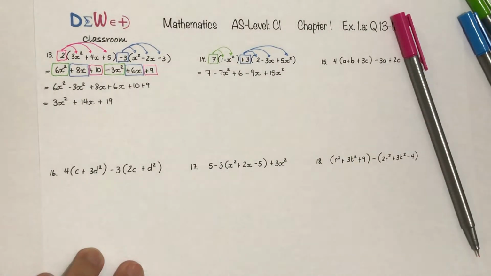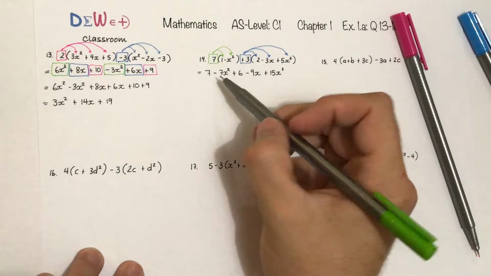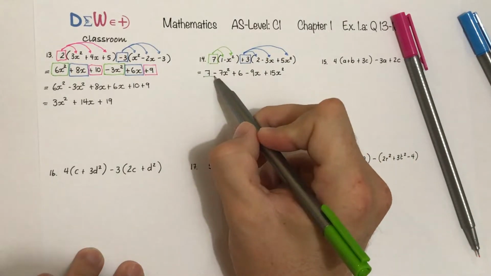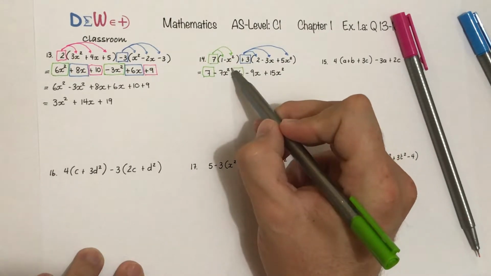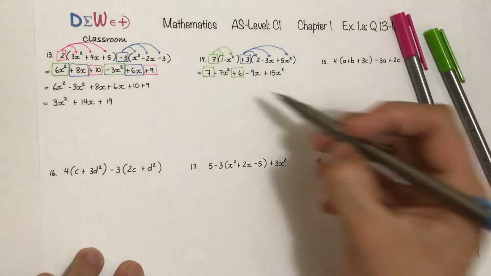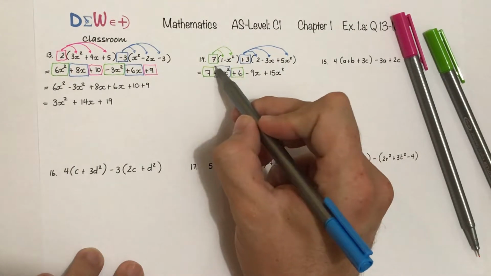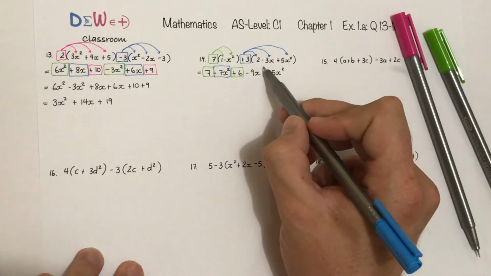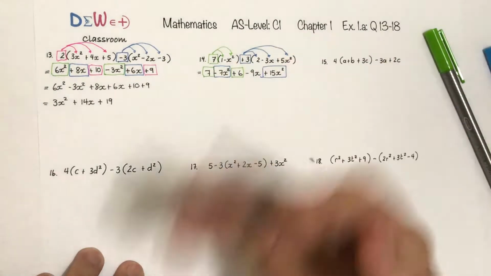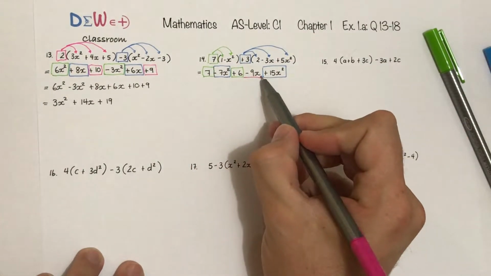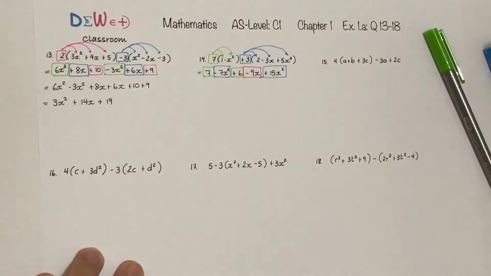Now we can identify our like terms. Here we have a whole number. Here we have another. We have minus 7x squared and we have plus 15x squared. We also have a minus 9x.